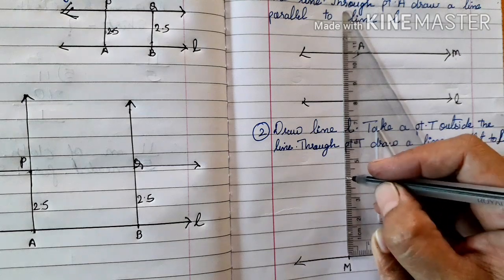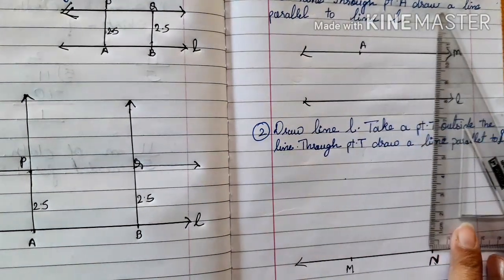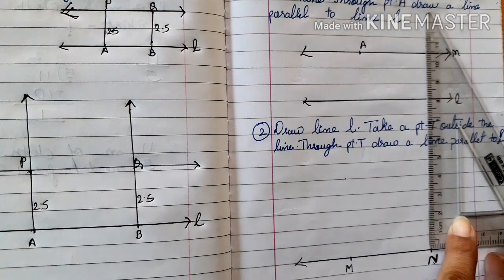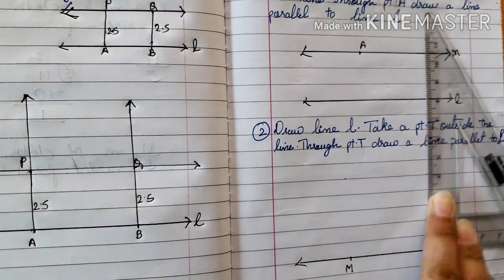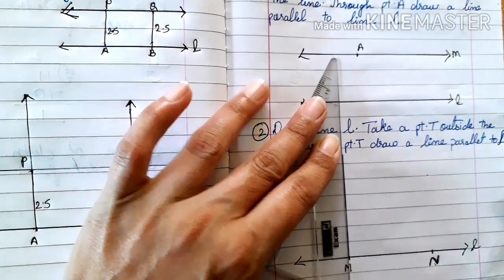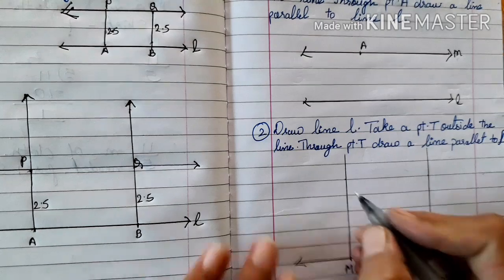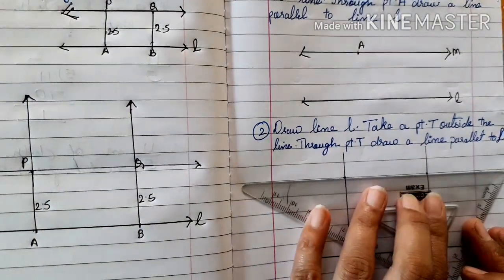Suppose I take 4 centimeter, same length. You have to keep it for N also, then only the lines are going to be parallel. So take 4 centimeter, then draw a line. Got it? We got a parallel line.